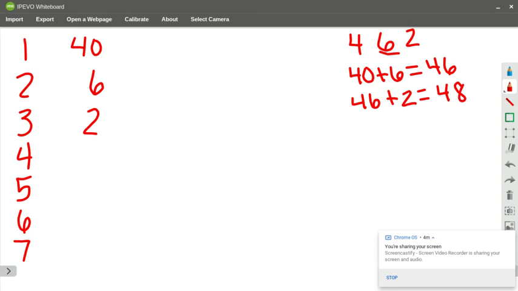And on my 4th roll, I roll the number 1. Well, I think I might want to make that into a 10. So I'm going to put the 1 in the tens place and the 0 in the ones place. And I'm going to make 48 plus 10, 58.